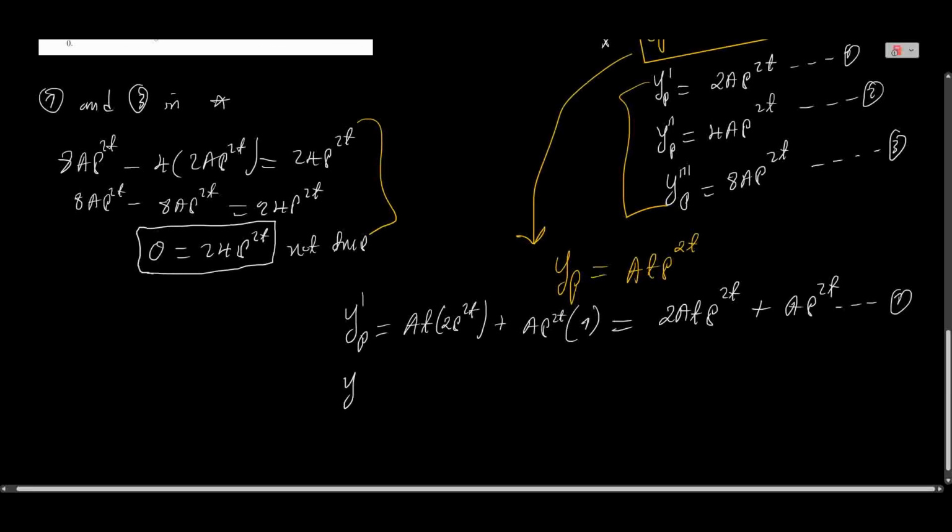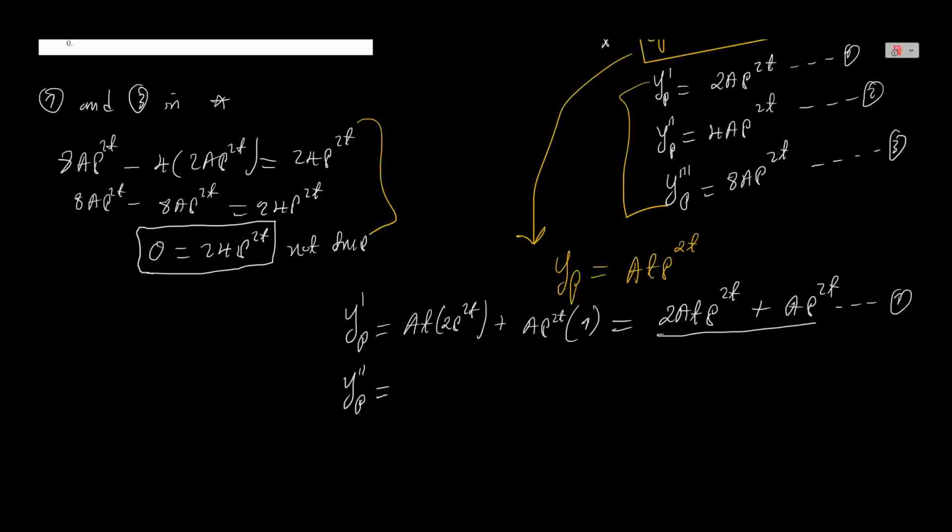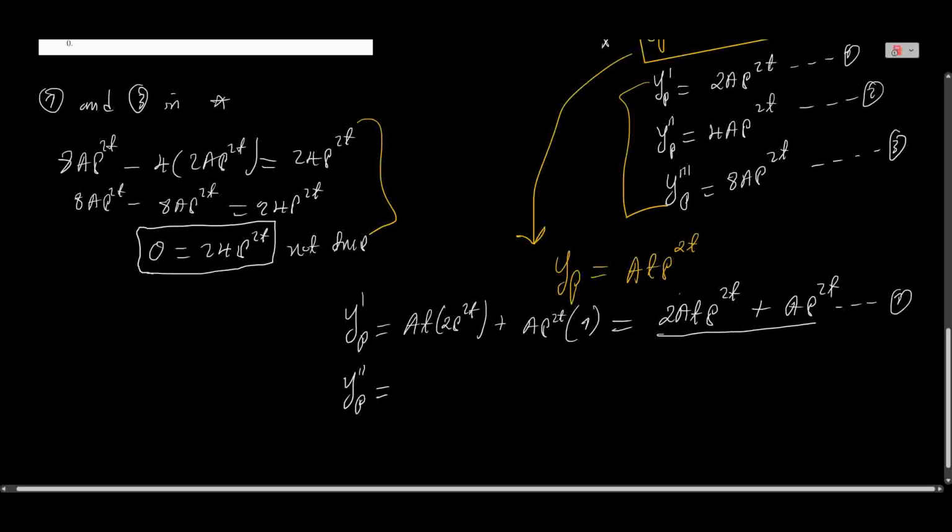Now we're going to look for the second derivative of our new particular solution. This is where the logic comes in. Notice something. I want to show you guys something. This is exactly this, meaning that 2 is a constant and we can factor it out.